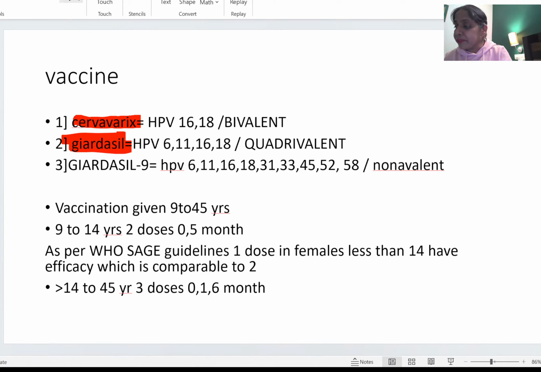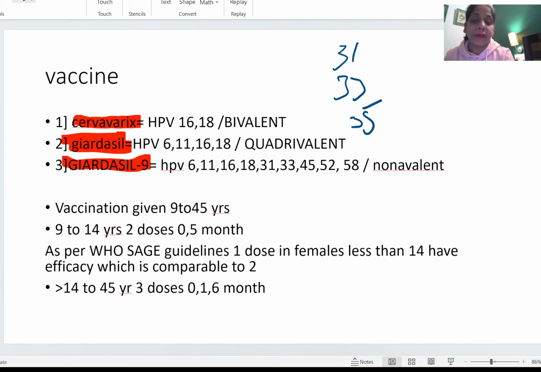There is another vaccine, Gardasil 9. Gardasil 9 targets 6, 11, 16, 18, then the rest also: 31, 33, 35, oh sorry, 45, 52 and 58. It is also known as nonavalent vaccine.